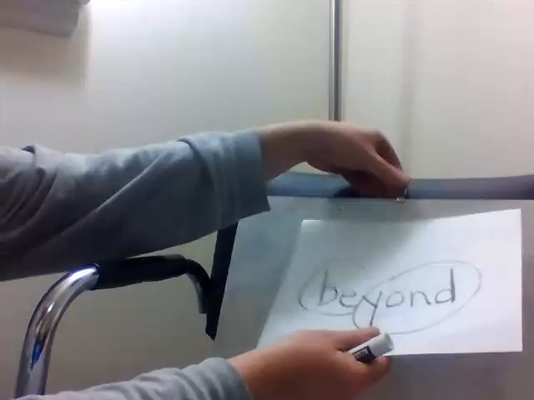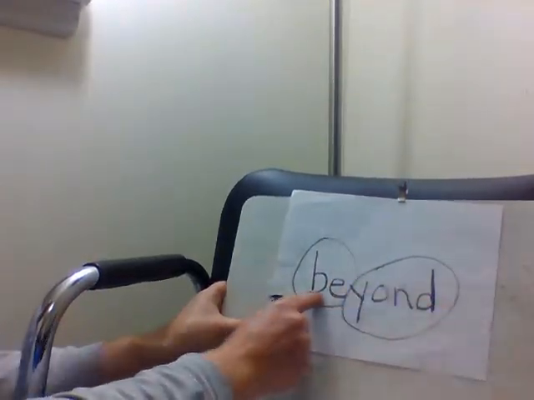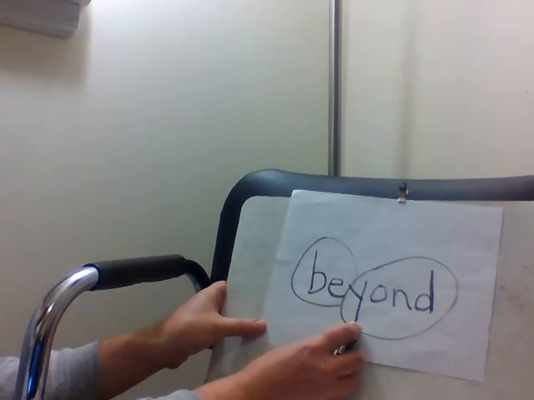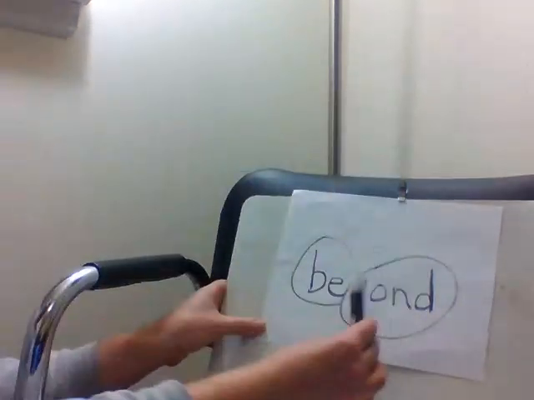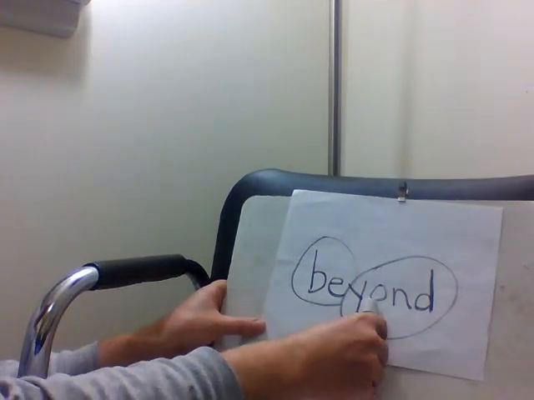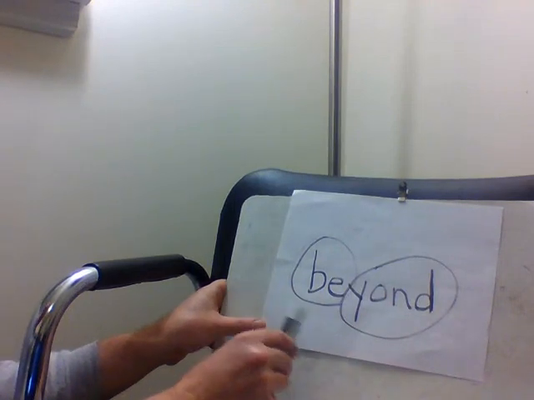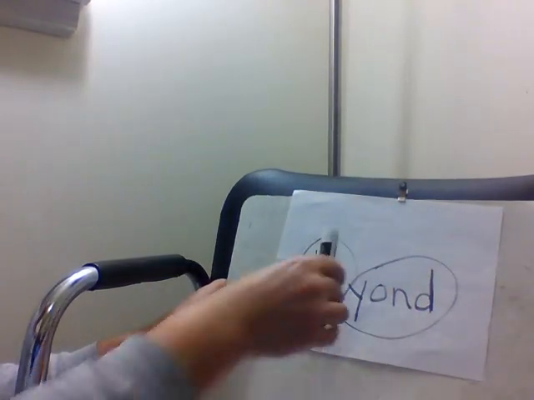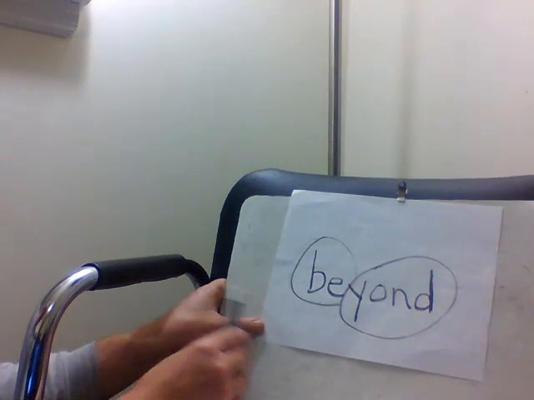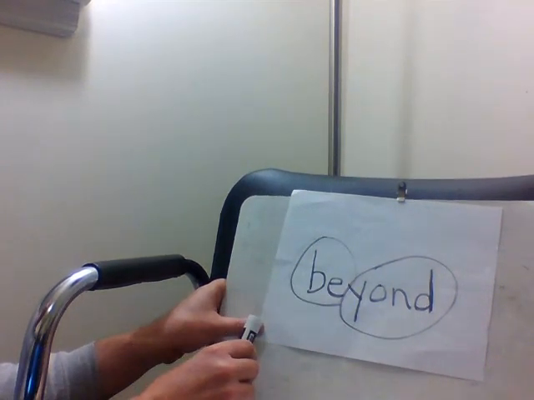And then finally, let's read this one. Beyond. Beyond. Oh, there's Y in the middle. It might be in the middle of this bigger word, but it comes at the beginning of that last syllable. So just like a little word inside that bigger word, that Y can make its consonant sound Y at the beginning.